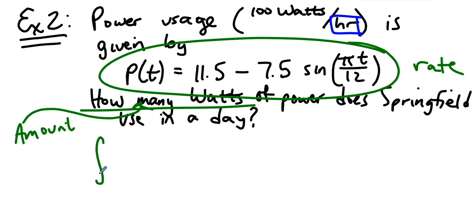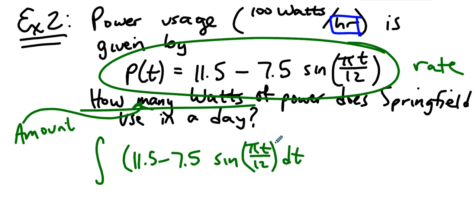So if we were to integrate P of t we would find the amount, the number of watts that are used by Springfield over some interval of time. We're supposed to find out what the usage is in a day, so that's 24 hours.